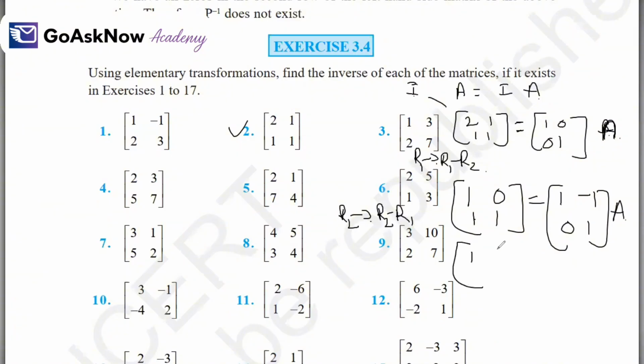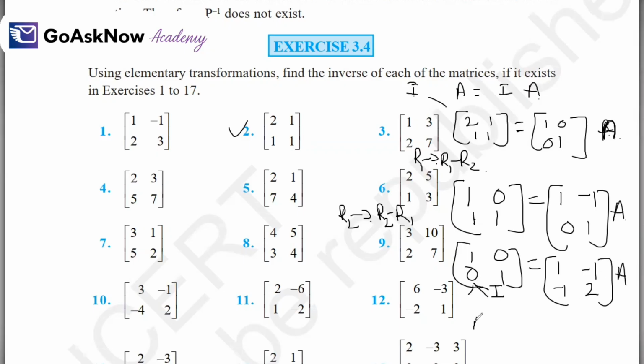What you will get? 1, 0. Here 1 minus 1 you will get as 0, and here you will get 1. And on the right side, row 2 minus row 1: 1 minus 1, and here minus 1, and here you will get 2. So this is your identity matrix on the left hand side.